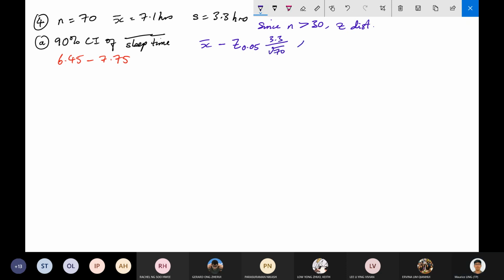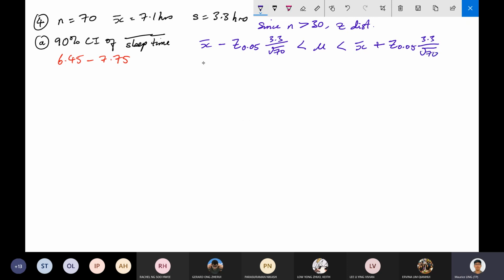And here will be plus Z 0.05 times 3.3 divided by the square root of 70.